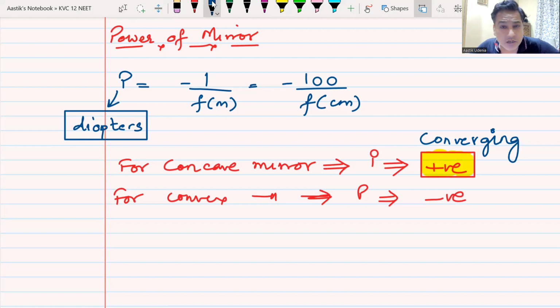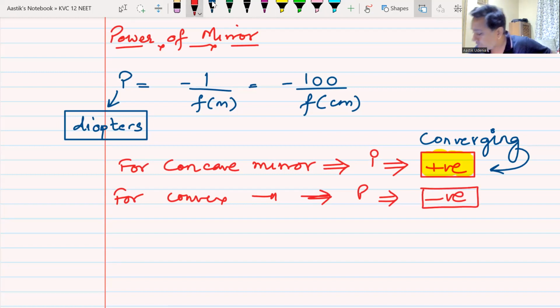Therefore, we call concave mirror a converging mirror. Do we understand this? Yes, sir. Then if I ask the opposite of this, power negative, what does that mean? Diverging. Yes, my dear friends, if power is negative, that means your device is diverging.